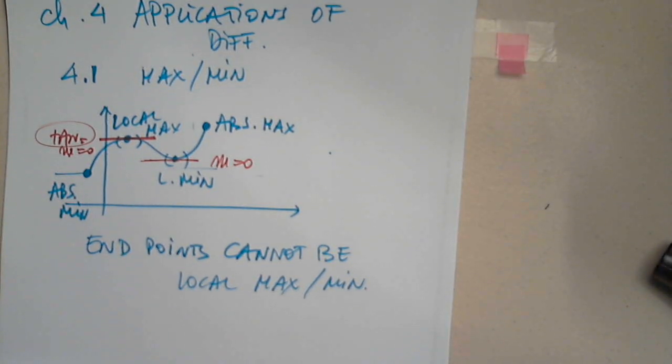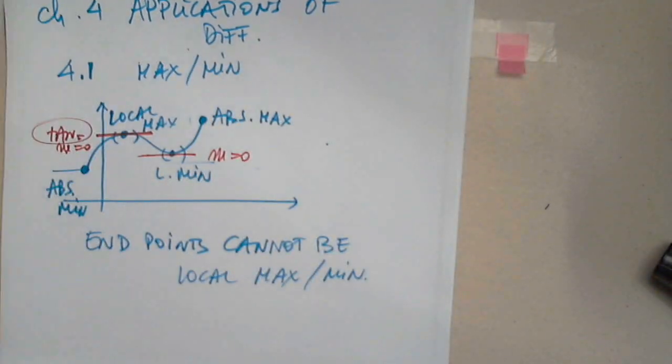I would like to go to page, hopefully you have your book, if not it's okay. Do you think we need to look at another graph, or is the idea clear? Just tell me whether we understand how to read the absolute max, absolute min, local max, local min from a graph.